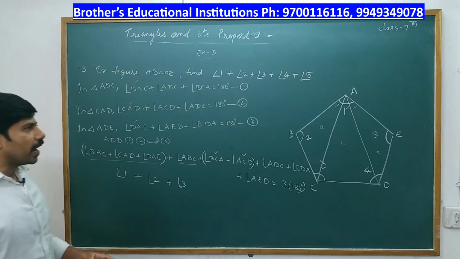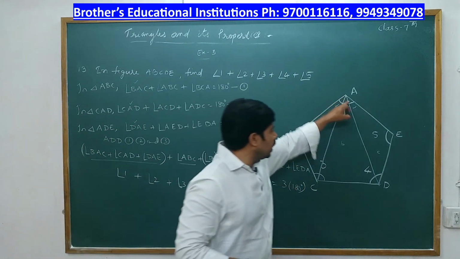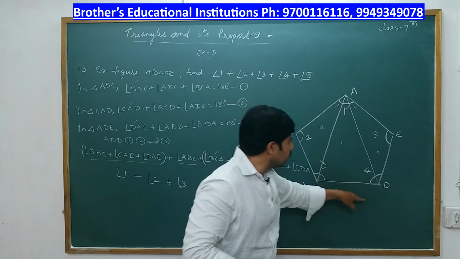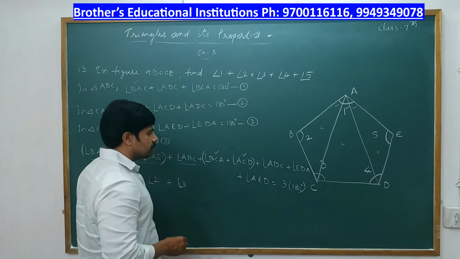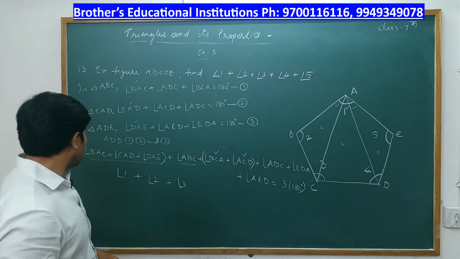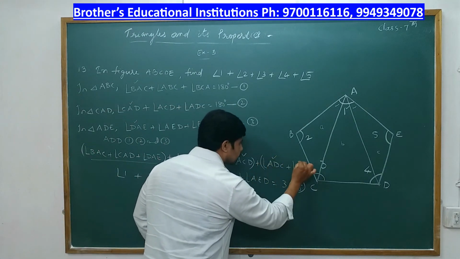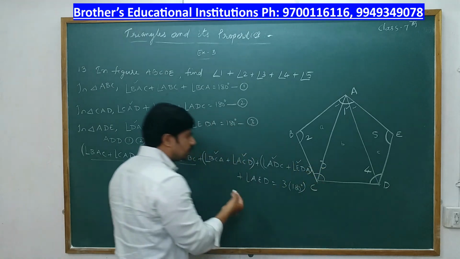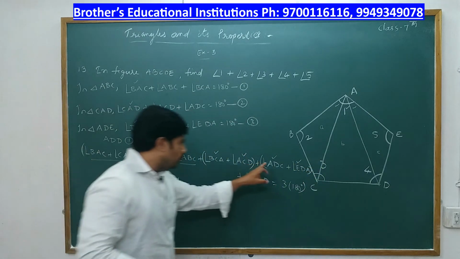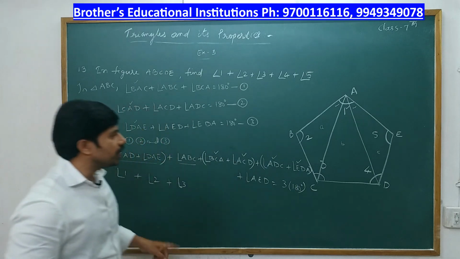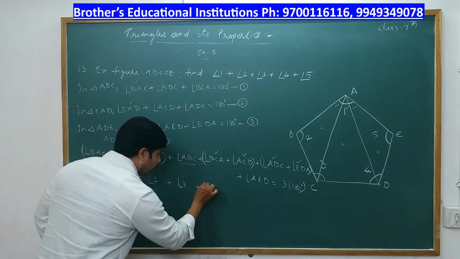Then angle D. Angle D is nothing but angle ADC plus angle ADE. So what are the D combinations we have? See, angle ADC plus angle EDA. So this is the D combination. We won't write these two; instead of these two, we write angle 4, right?